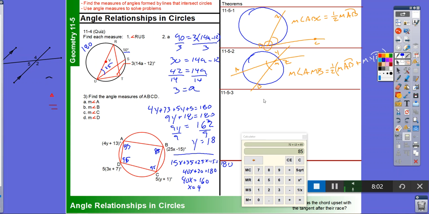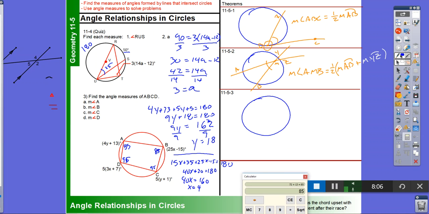So we're going to draw a circle. And a secant is a line that goes through the circle. Right now I have drawn two separate secants.